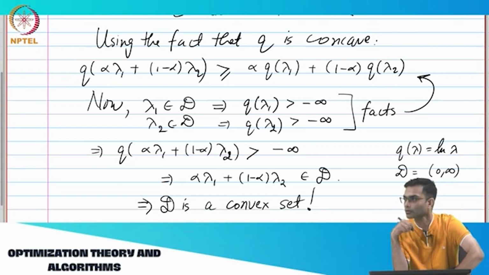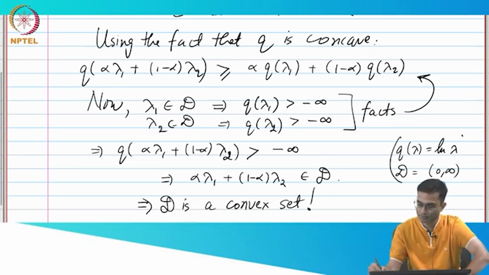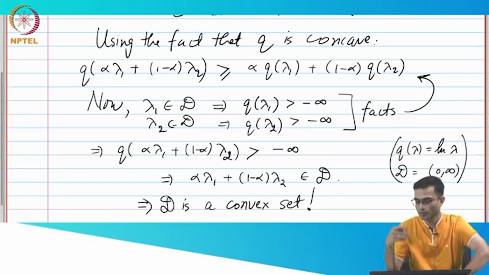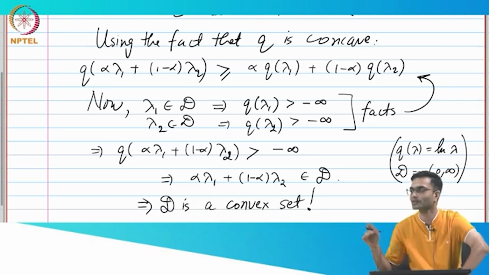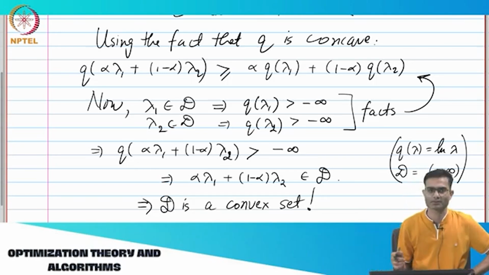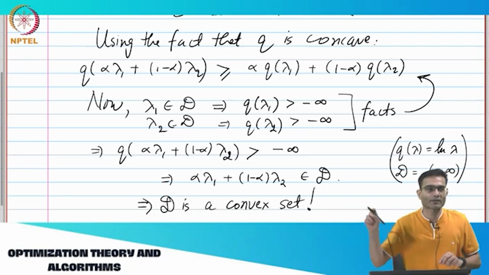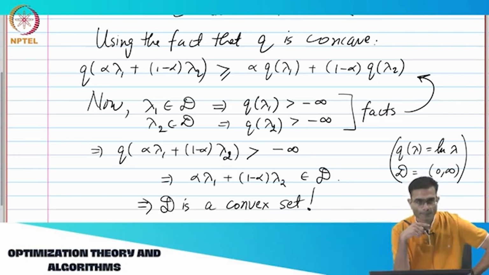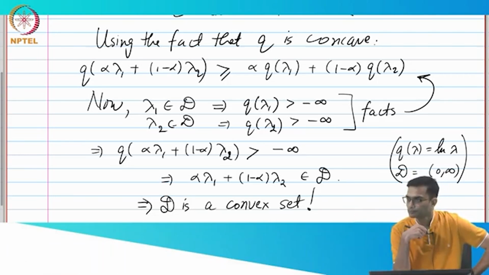At 0, Q blows up, so it's excluded from the domain, but any positive quantity is fine, right? So that is the meaning of saying that those lambda for which Q of lambda is greater than minus infinity. It's a funny way of saying it, but it's a shorter way than saying a finite number or whatever.